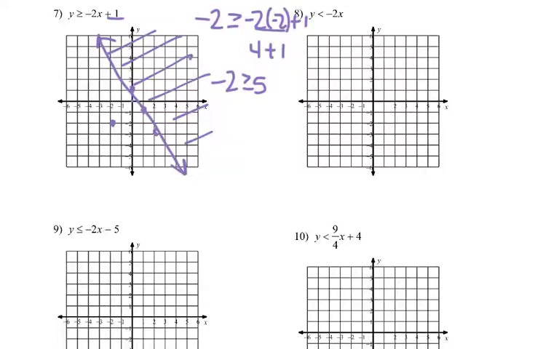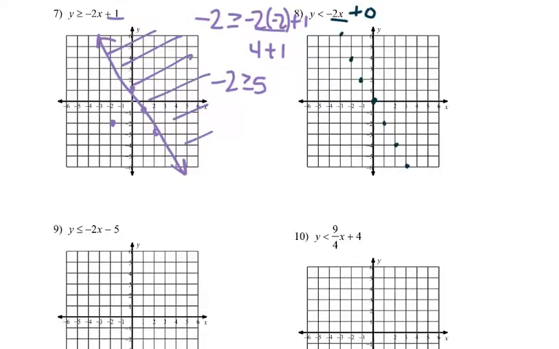Now 8, it has an x, but it doesn't have a plus number. So think of it as plus 0. So this one goes through the origin. This is really one of the few times when I'm not able to use 0, 0. So we'll have to pick something else. Slope of negative 2, down 2 to the right 1, or up 2 to the left 1. We have a lot of negative 2 slopes, don't we?